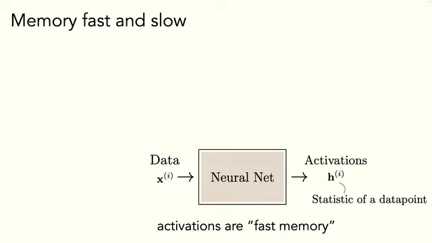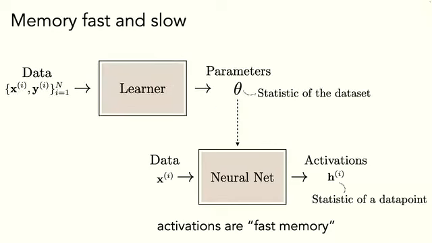They're building some representation that's very fast, capturing memories of how that data is running through the network. Similarly, if you're learning the parameters of a network via training from a large data set, you can think of the theta, the actual parameter values in that network, as representing some statistics of that training data. So in a way, those parameters in a deep net are slow memory of the training data.